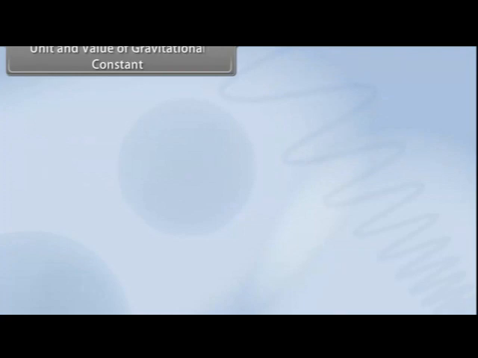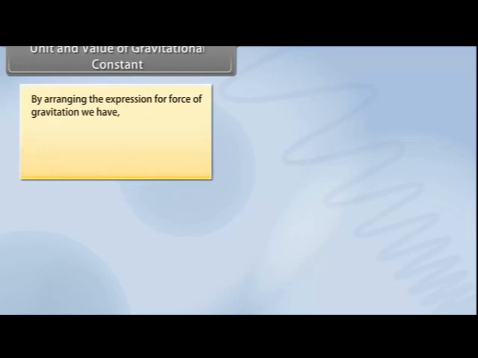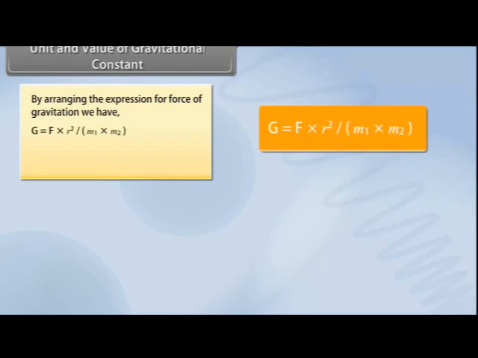Unit and value of gravitational constant. By rearranging the expression for force of gravitation we have G is equal to F into r square upon m1 into m2. SI unit is Newton meter square per kilogram square, or Newton meter square per kg square.